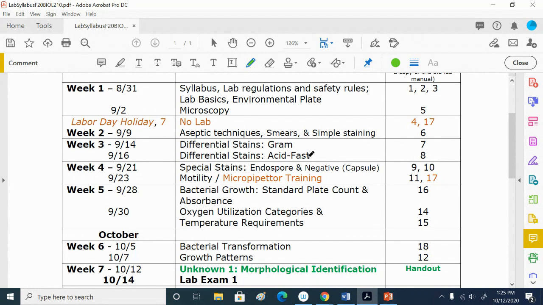And how do you decolorize? Acid alcohol. Right, acid alcohol, and then counterstain with methylene blue. So acid-fast positive bacteria should have that red fuchsia color, the purplish red or reddish purple, or some call it hot pink color.